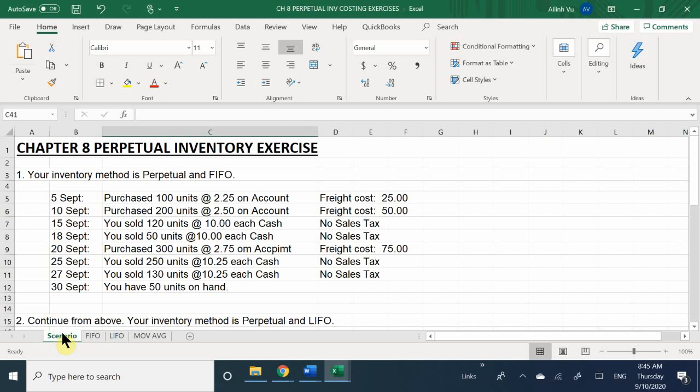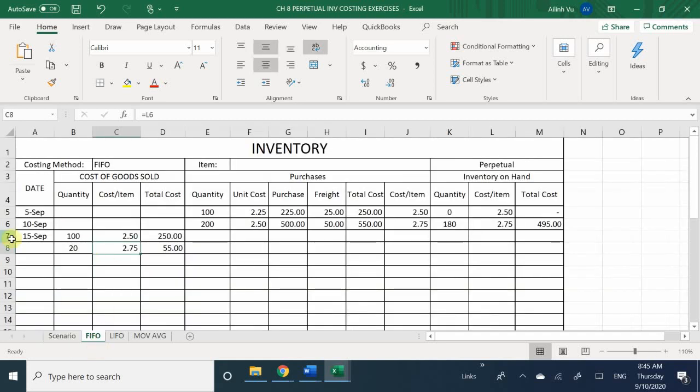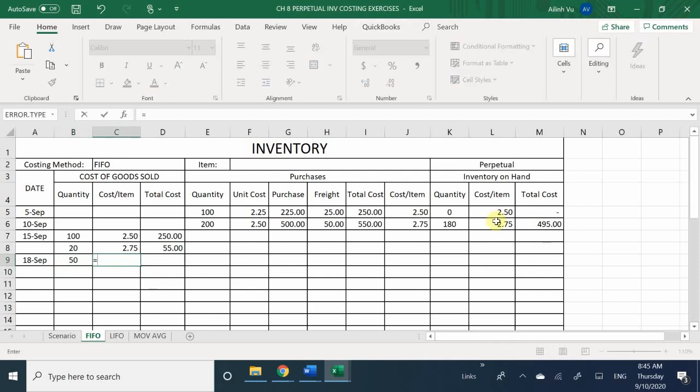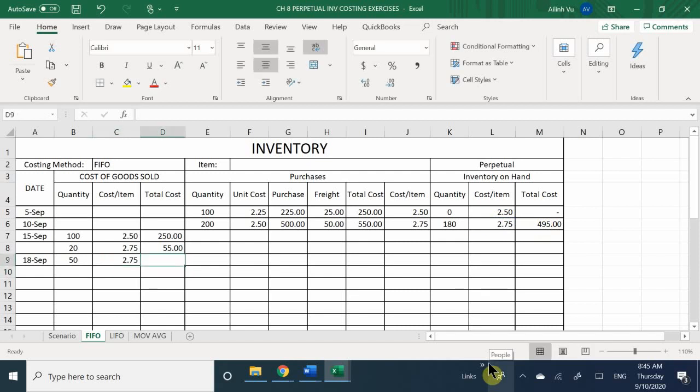We sold another 50 units on September 18th. So right here, we only have one batch left. 137.50, and now we need to subtract another 50.